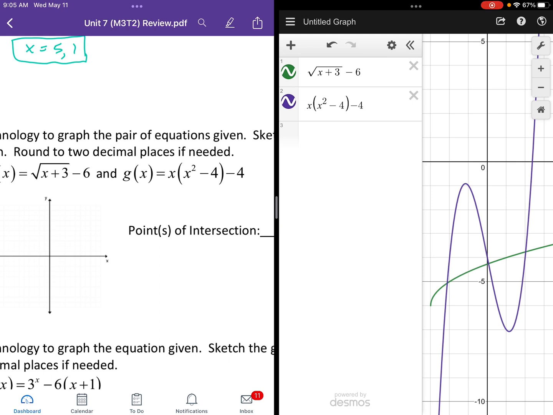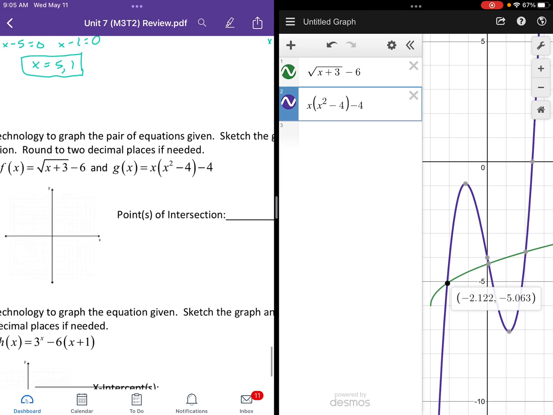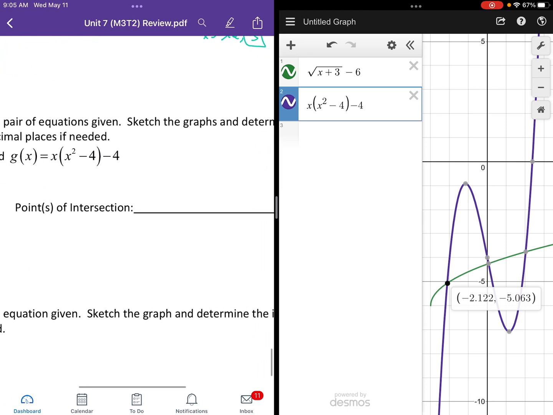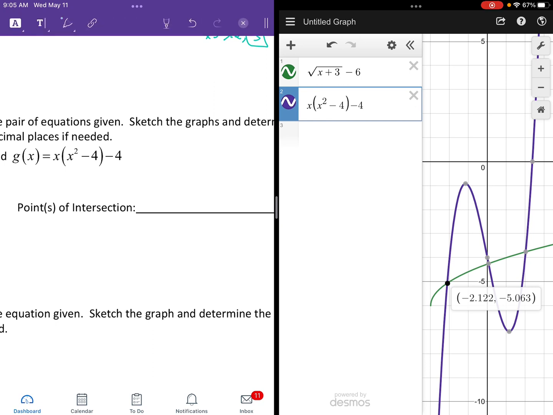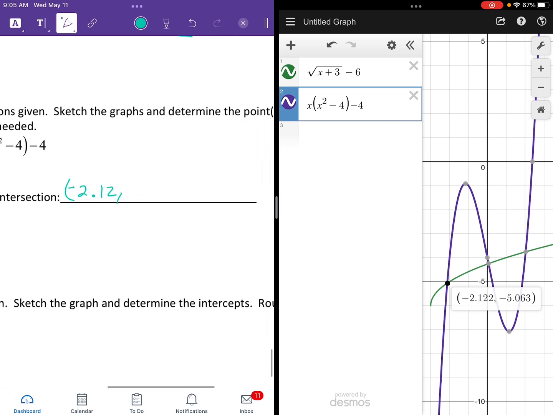So actually, there's 3 points that we have to find. It also says round to 2 decimal places if needed. Well, it's needed. So we have negative 2.12, comma, negative 5.06.